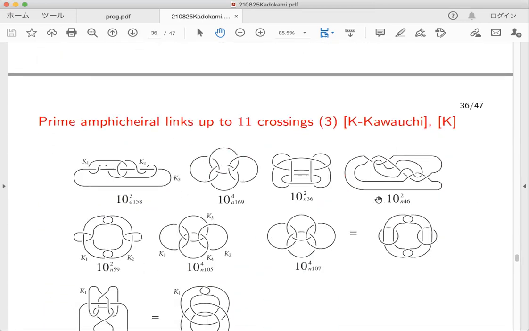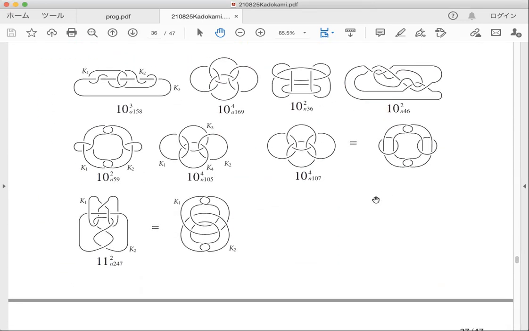There are examples where the Alexander polynomial is not 0, the linking number is 0, and it is amphicheiral. Then it is not component preserving amphicheiral. Maybe this one. This has linking number 0, and its Alexander polynomial is not 0.